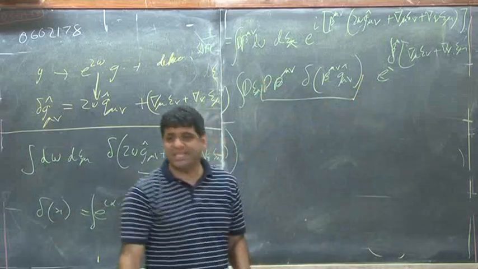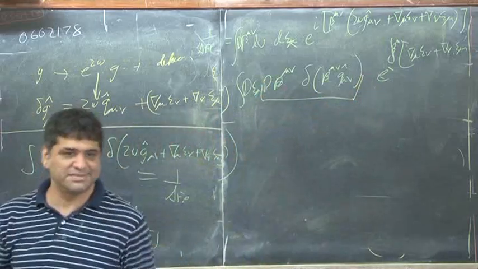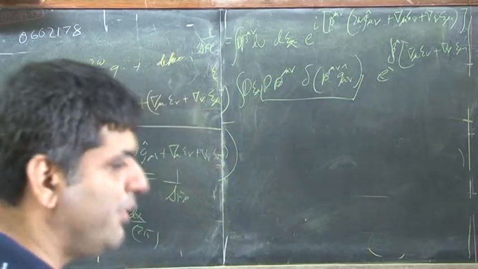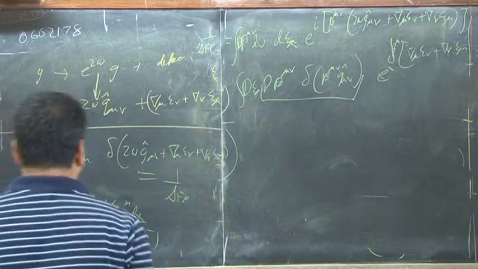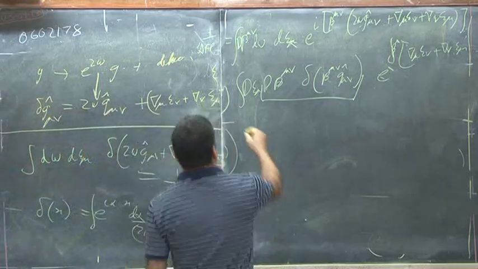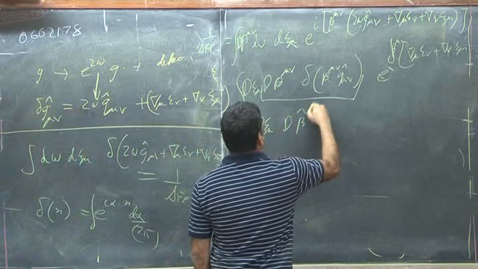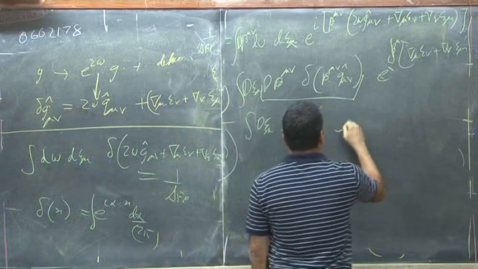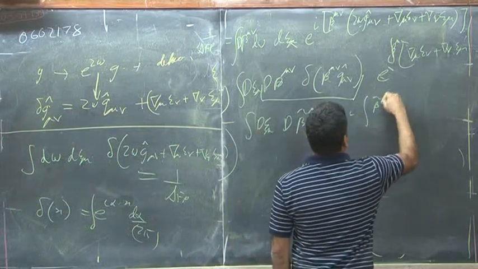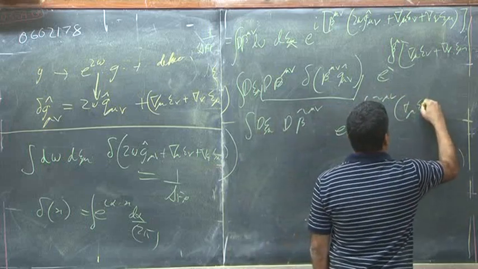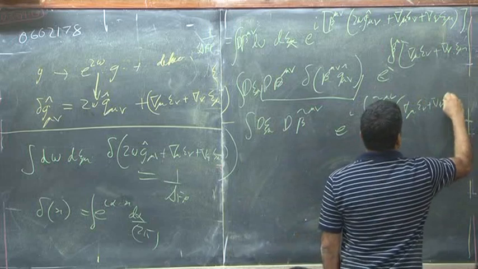This is just the integral over traceless symmetric tensors. Beta mu nu is a symmetric tensor because the metric was. So we've got the zeta, and the beta tilde mu nu, let's call it, e to the power I beta tilde mu nu times del mu zeta nu plus del nu zeta mu.